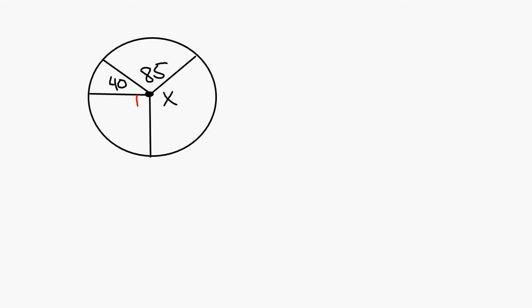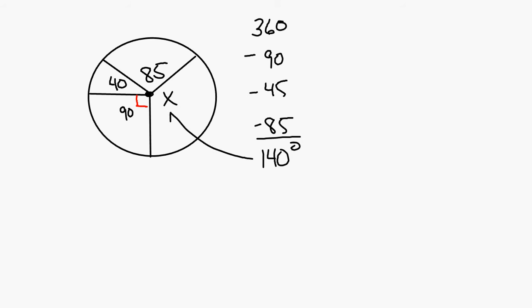So that symbol means 90 degrees. So X is going to be equal to 360 minus your 90 minus your 45 minus your 85. So 360 minus 90 minus 45 minus 85 is 140 degrees. Angle X. Anybody got any questions there?